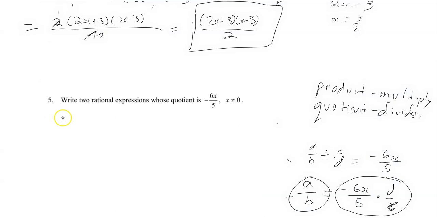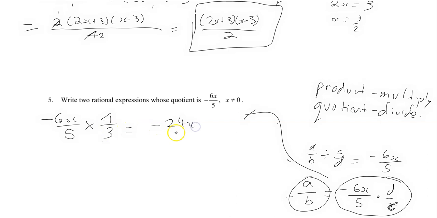Okay, so let's do this. Along this line, let's say we take negative 6x over 5, and let's just keep this simple. Let's make this 4 over 3. So we get negative 24x over 15.